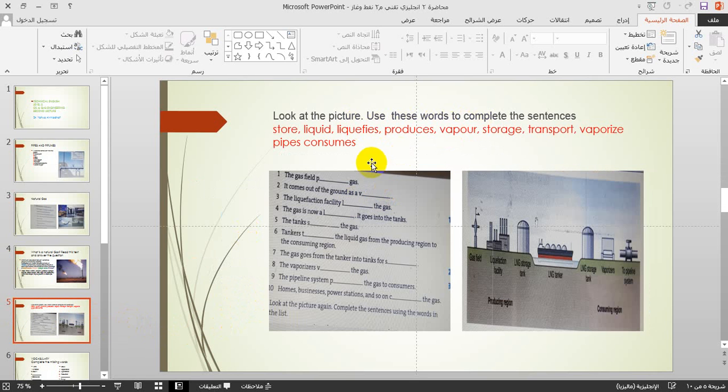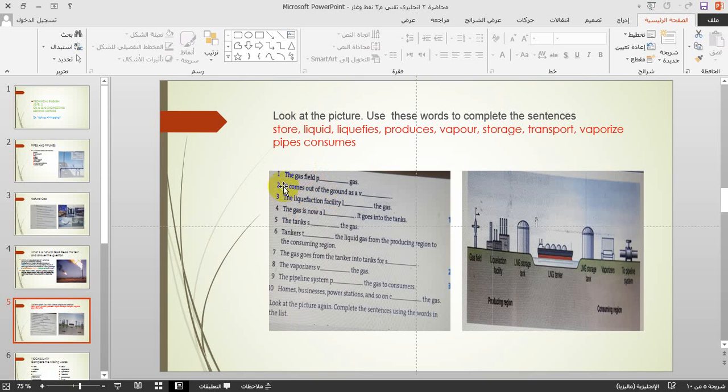Look at the picture now. Use these words to complete the sentences. Gas, field, whatever you have, many things, and in these sentences you need to fill them using these words. For example, number 1, the first letter, which is B, is given to you. Practice makes your task easy. The first letter is given to you.